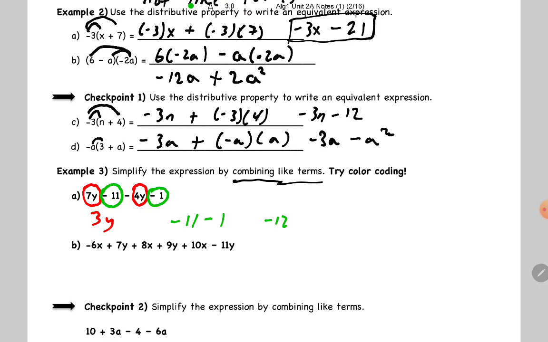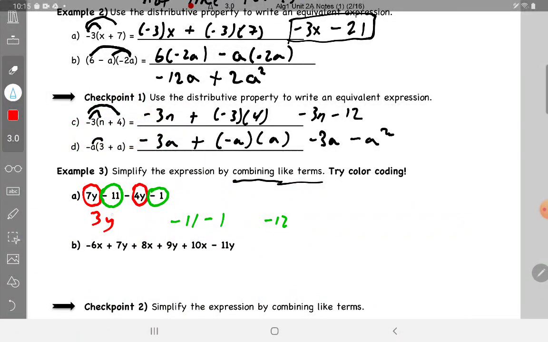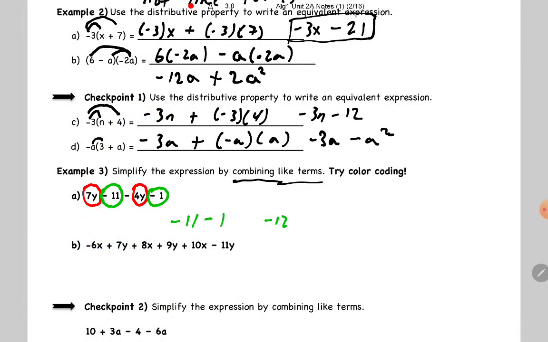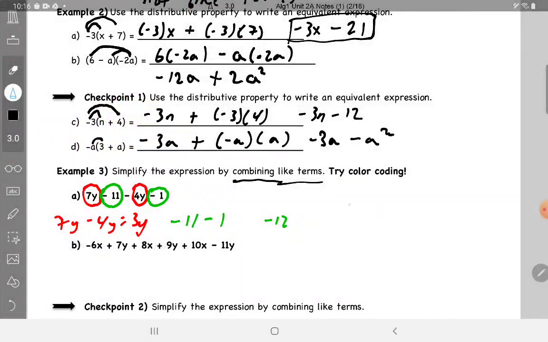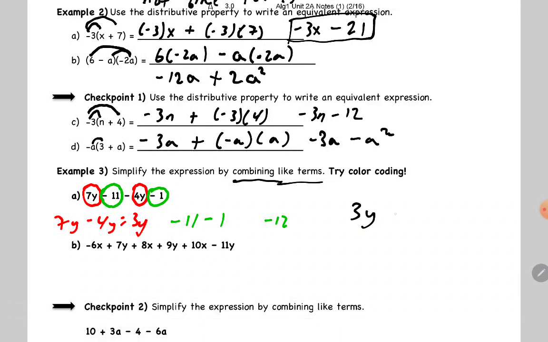And then let me rewrite this one. This is 7y minus 4y, which is 3y. Okay, so my answer is 3y minus 12.